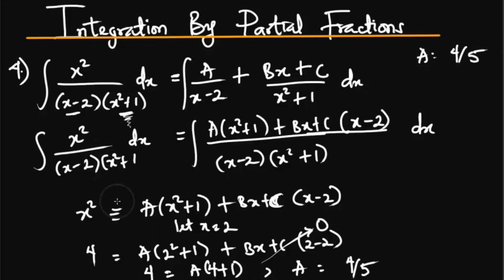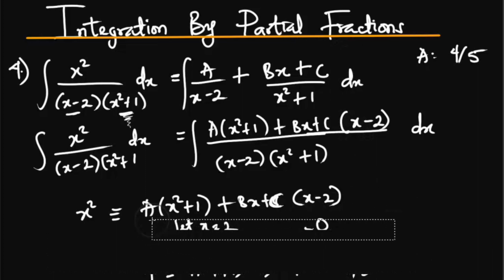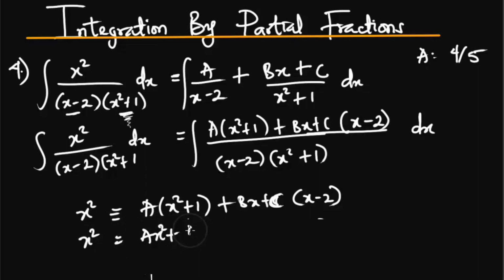Okay, so how do we get b and c? Let's try to compare values. Compare the right hand side and the left hand side. So x squared is equal to ax squared plus a, plus b x squared minus 2bx plus cx minus 2c, right?